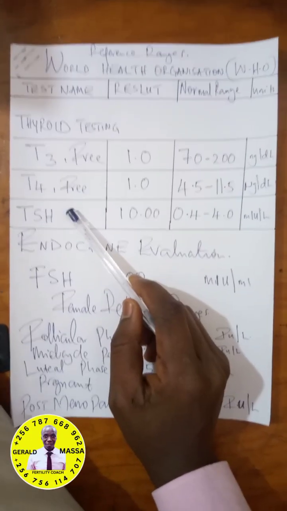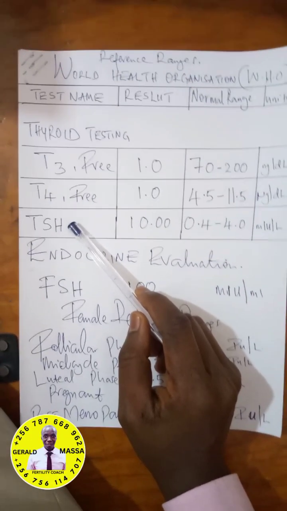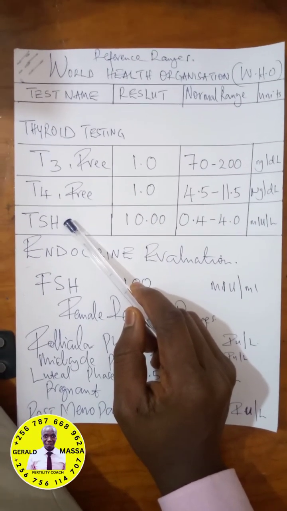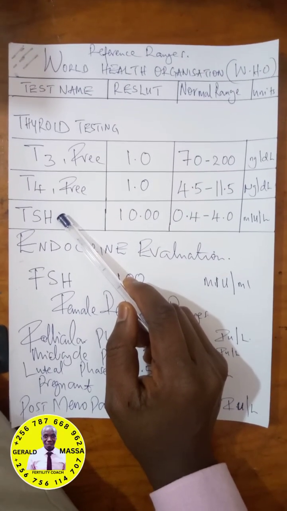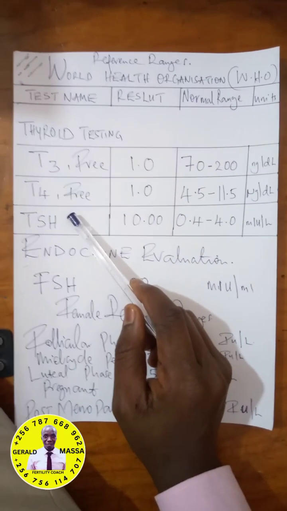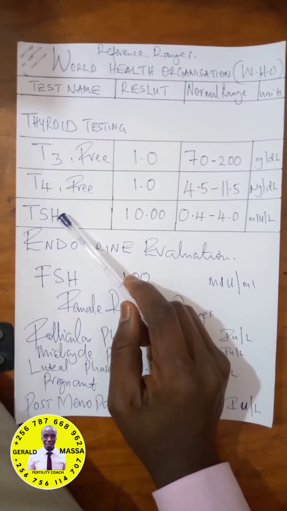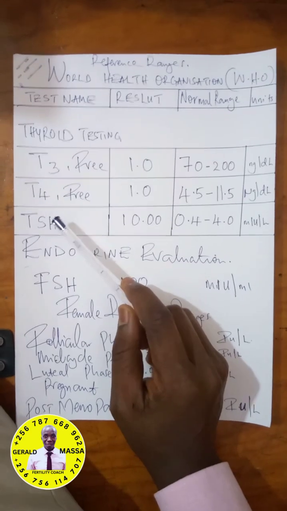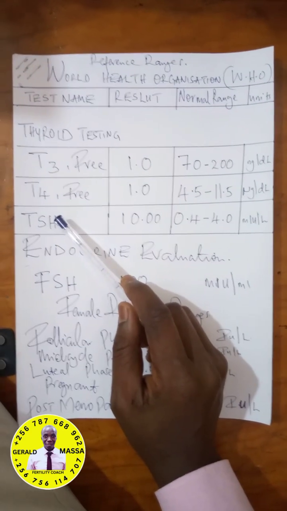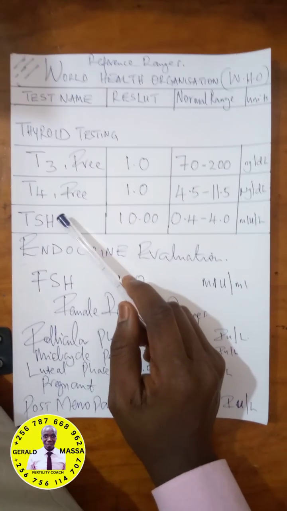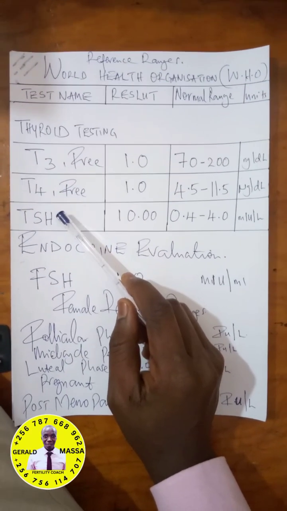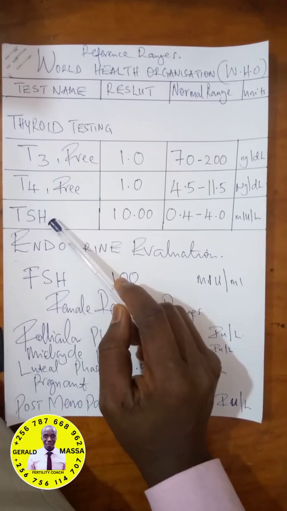TSH, thyroid stimulating hormone, remember I said that it comes from the brain itself. It comes from the anterior pituitary gland. There's a hormone that is responsible for telling your pituitary gland, that small part in the brain, that, you know what, you release TSH.